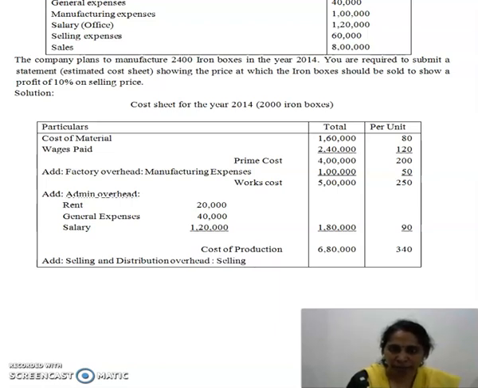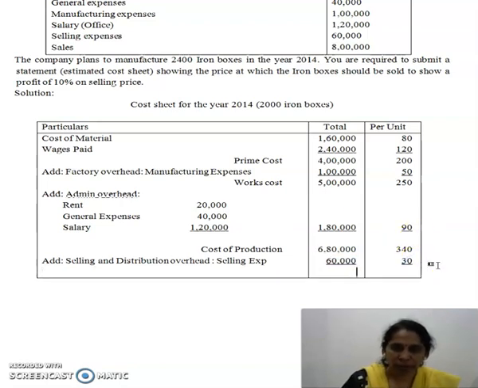So the amount of selling expenses is 60,000. Now per unit, 60,000 divided by 2,000. How much is it coming? Yes, 30 rupees. Okay, so now underline this.